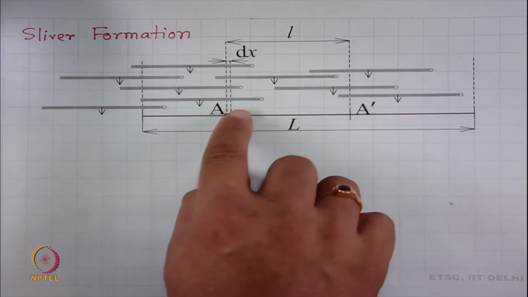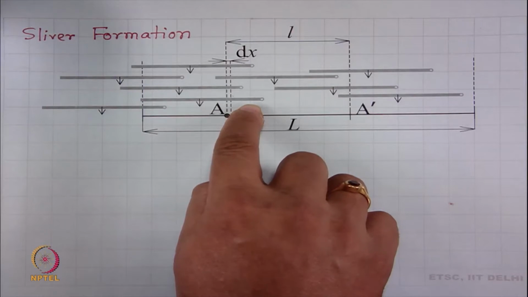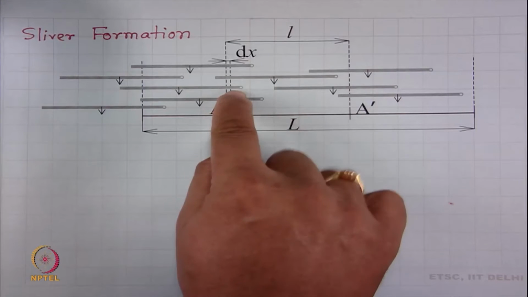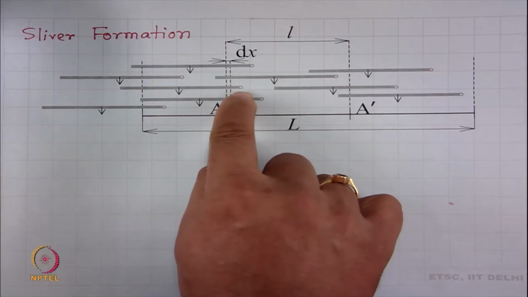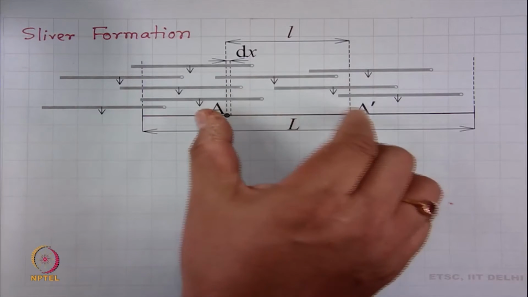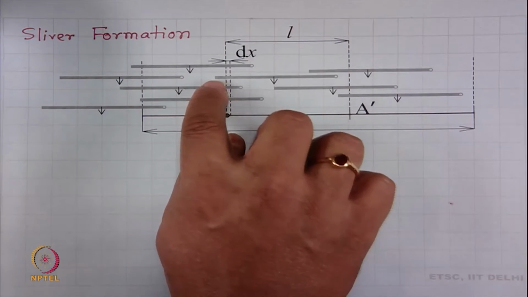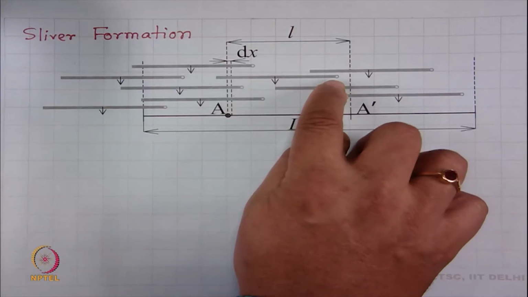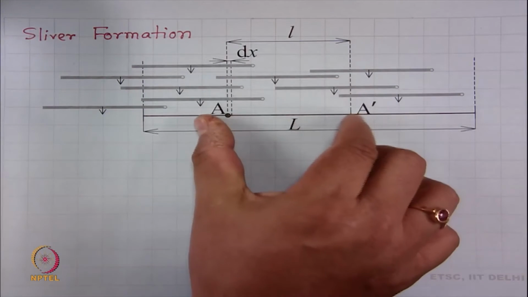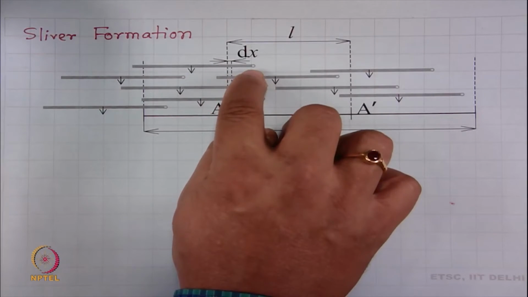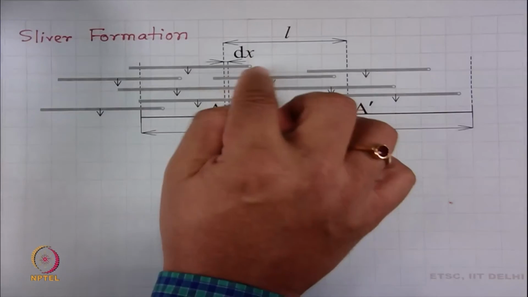Say for example, this fiber is passing, so its right end is lying within this length. This fiber is passing, so its right end small circle is lying within this length, right. This fiber is passing, so its right end is lying in this length small l.